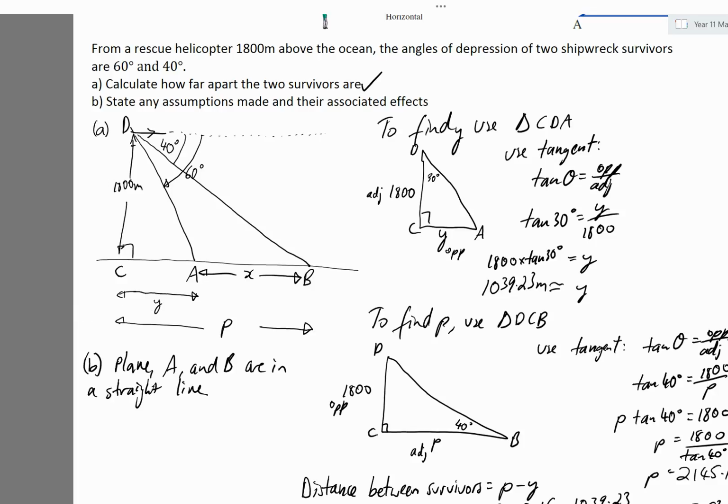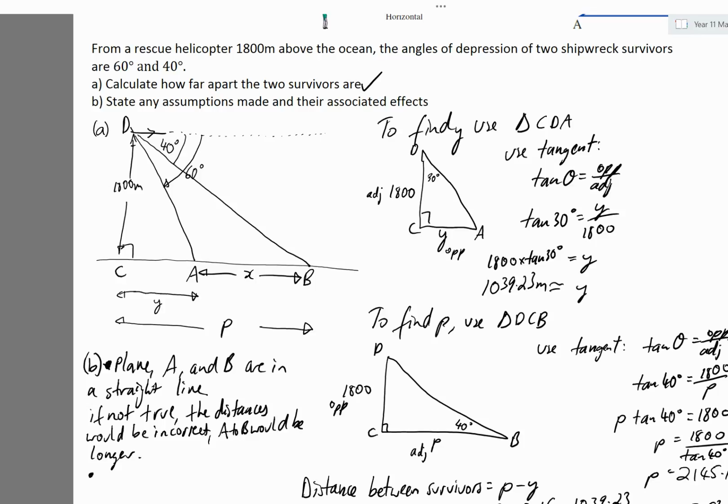Okay, and the effect of that was, if not true, the distances would be incorrect. Okay, specifically, A to B would be longer. Okay, that's one assumption that we made.